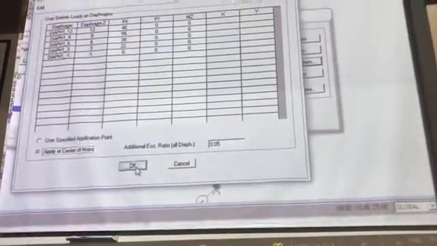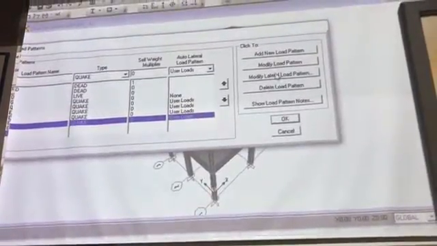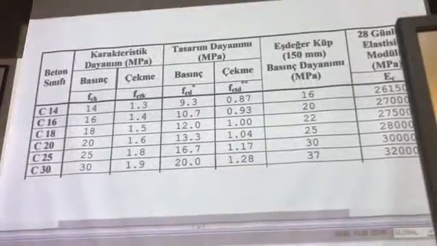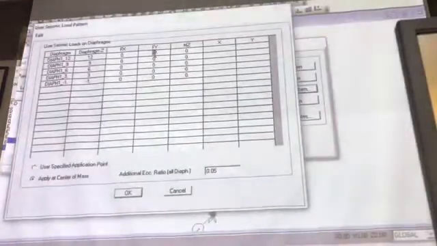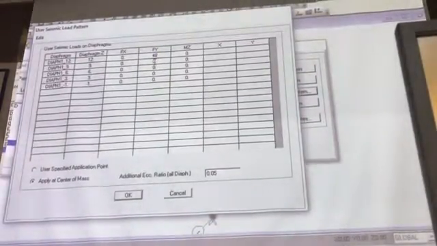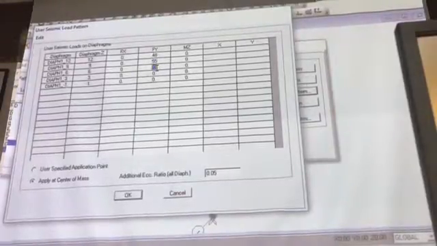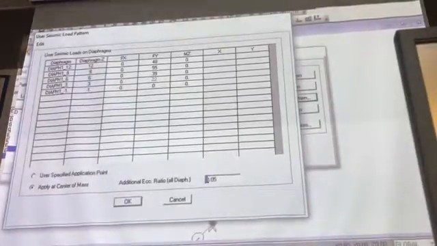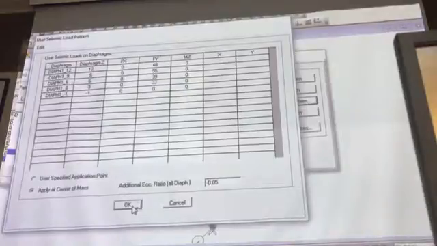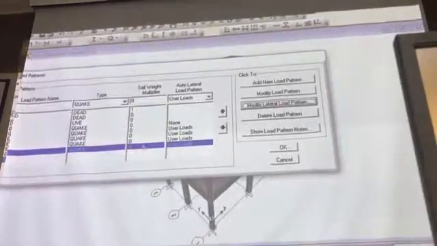Eccentricity will be 0.05, and for this case this will be FY. What is that? 48, 55, 39. 48, 55, 39, 22. And negative eccentricity. This is for EXN and EYN.